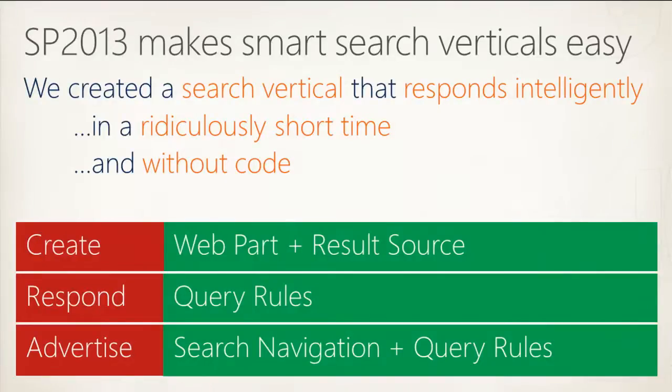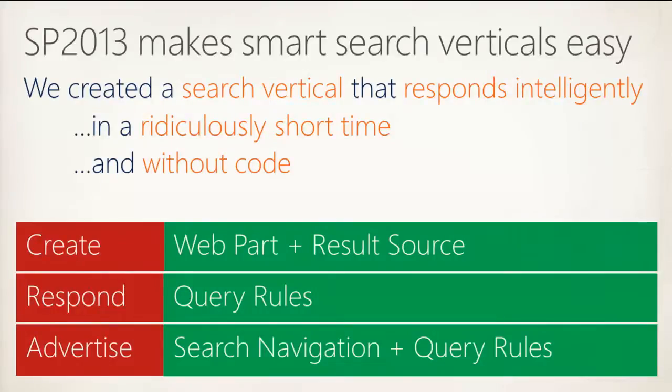That's how you guarantee the results that experience brings back. And in order to respond intelligently to what a user wants, you use query rules. You think of where is the user, you think of when the query rule should fire, and you think of what it should do. You understand, you act, and then you communicate. And finally, when you've got a very nice experience, you can advertise it. You can give it to users who ask for it explicitly using search navigation, and you can give it to users implicitly using query rules.